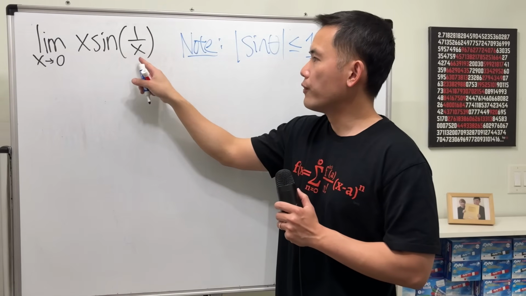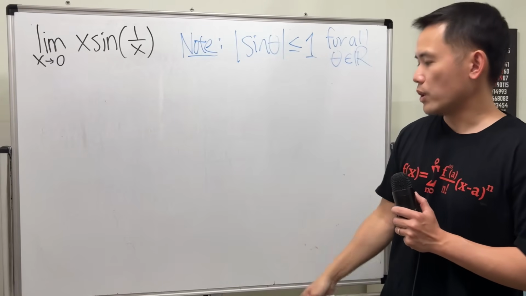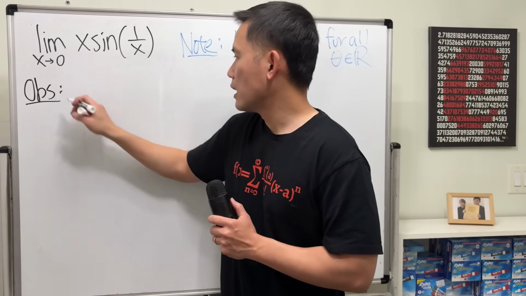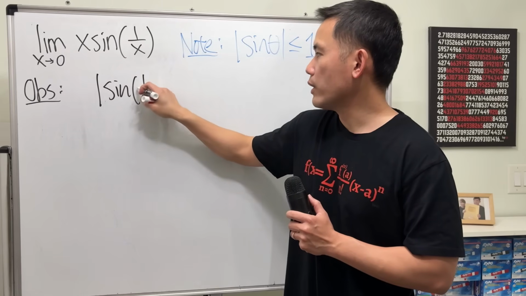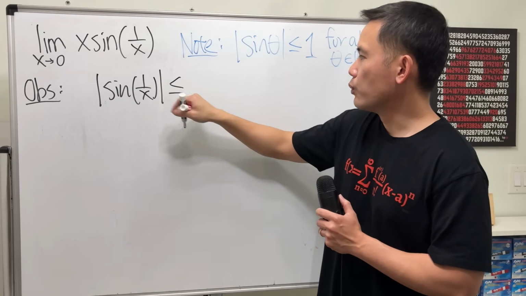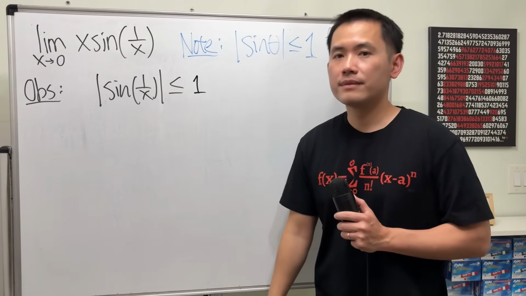We have 1 over x. That will for sure satisfy this as well. So here's the observation that we are going to make. Observe that if we apply the absolute value to sine of 1 over x, this will always be between -1 and 1, so the absolute value is going to be less than or equal to 1.